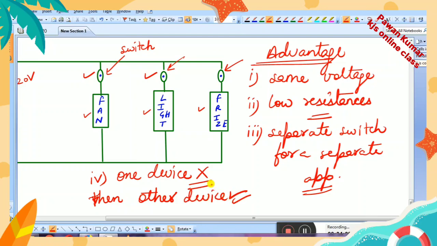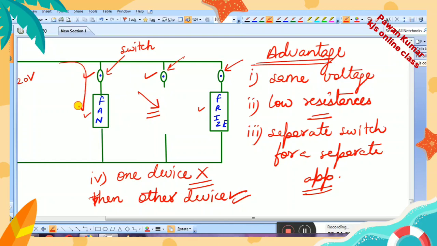This is advantage in parallel combination. Like suppose you see here, suppose this light stopped working. Working means it disconnected the path. It opens the path, it breaks the path. Then if it is connected in parallel, like I have shown you, then what will you see?